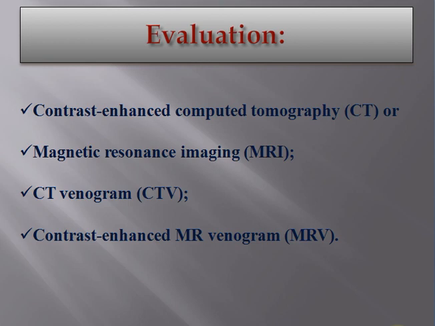Contrast-enhanced MRI brain shows bulging of the cavernous sinus, increased dural enhancement, and absent flow void in the sinus.